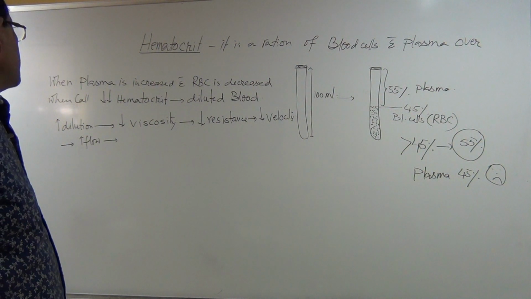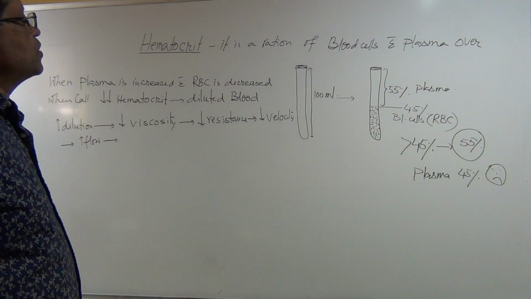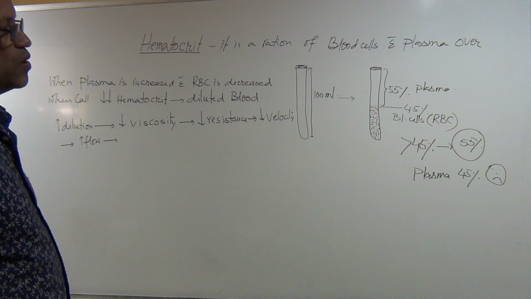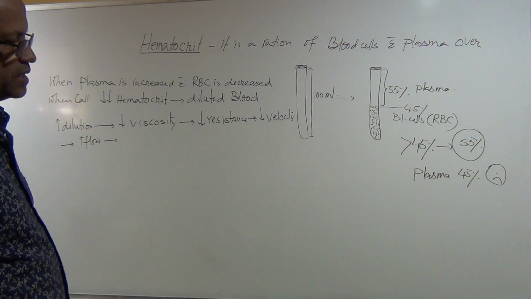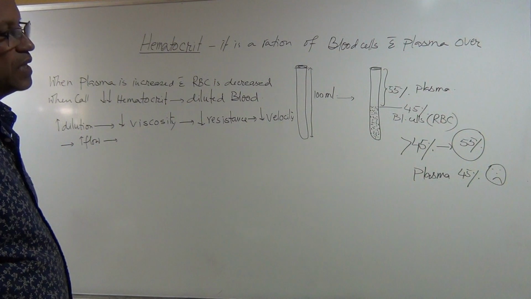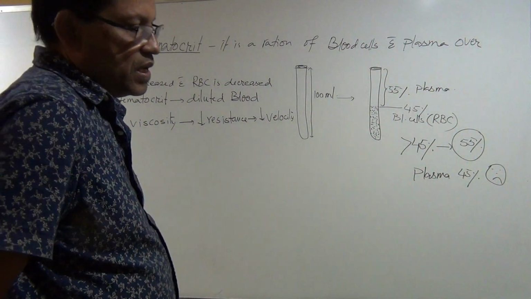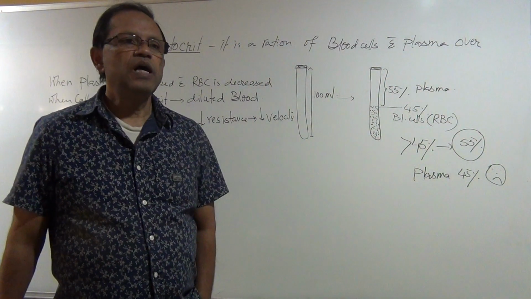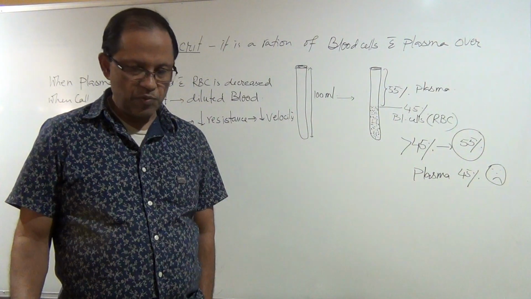Yes, high viscosity can cause increased resistance. And when the hematocrit ratio is greater than normal, there is a chance of increased resistance followed by increased velocity in the MCA.